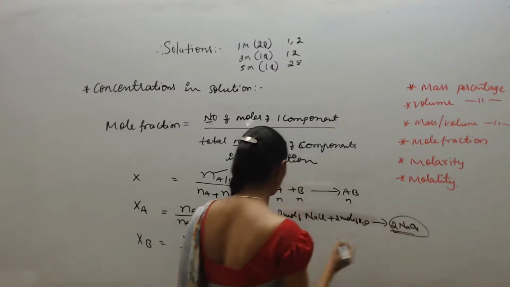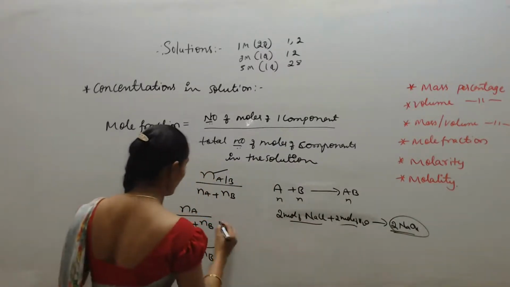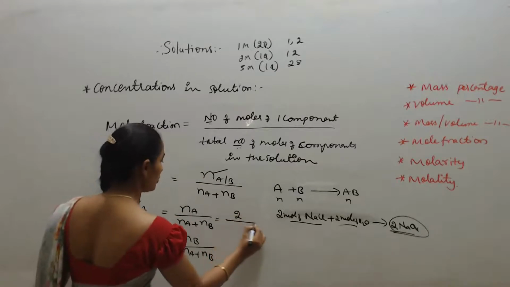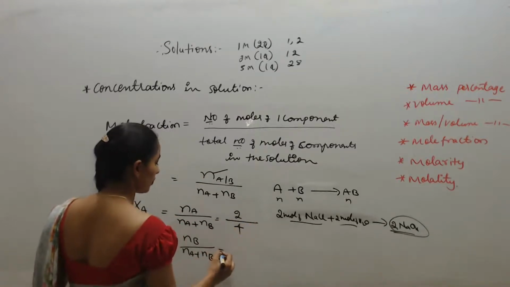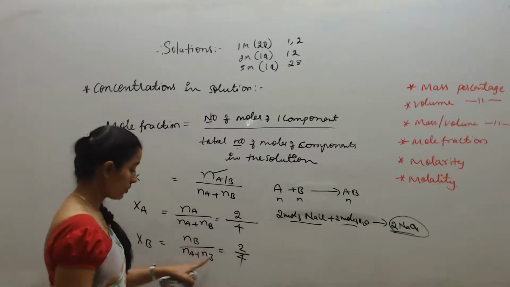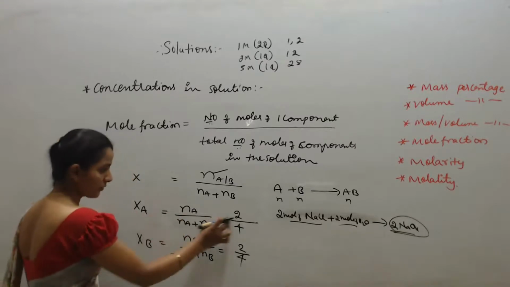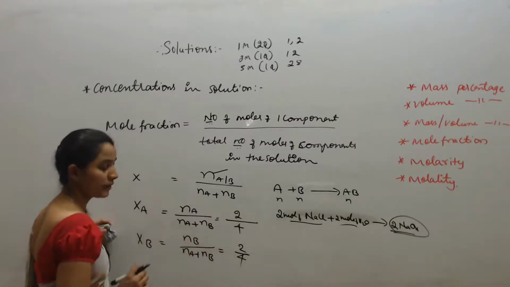Assume, I am just telling you. If you want to check, this is solute, this is solvent. So this is 2 moles divided by 2 plus 2, which means 4 moles. This is 2 moles divided by 2 plus 2, which means 4 moles. This gives the mole fraction of the solute, and this gives the mole fraction of the solvent.